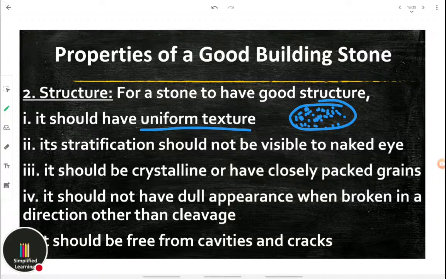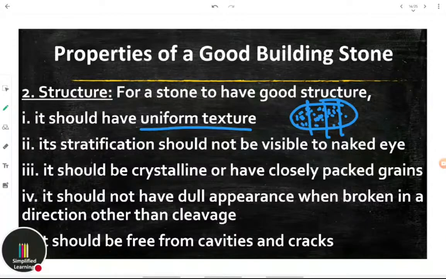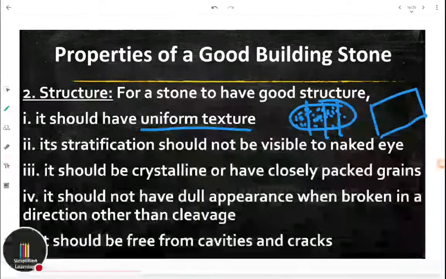There should not be different coloration or different gradation when you break a stone and look at the layers inside it. Uniformity of texture should be there whenever you break the stone in any given direction, along the cleavage or whatever. Whatever the direction of breaking, it should possess uniform texture.